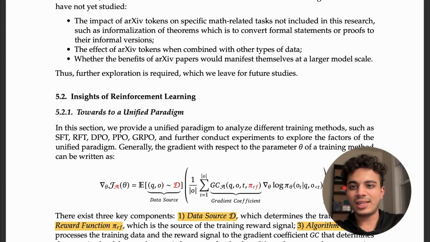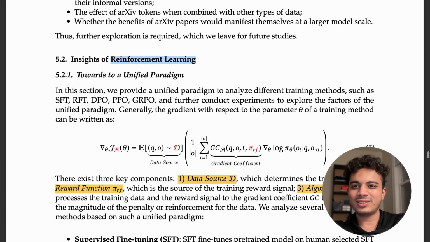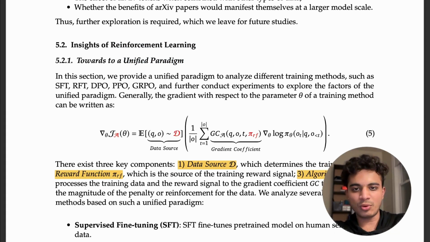All right, so lastly, let's dive into the insights of reinforcement learning and this unified paradigm. What they're providing is a unified paradigm to analyze different training methods. There are different training methods called SFT, rejection sampling fine-tuning, policy optimization, proximal policy optimization, and DPO, I forgot what D stands for, distributed or something.